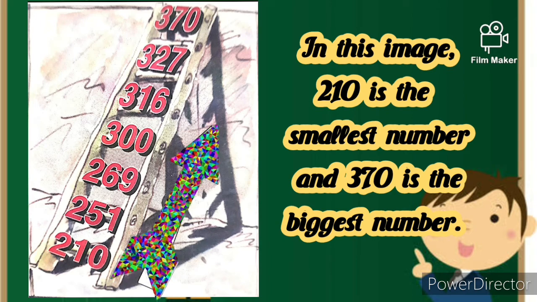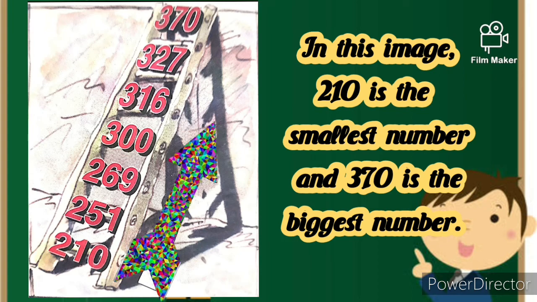If we arrange the numbers in ascending order, then we will start from the smallest number, that is 210, and continue till the biggest number, that is 370.